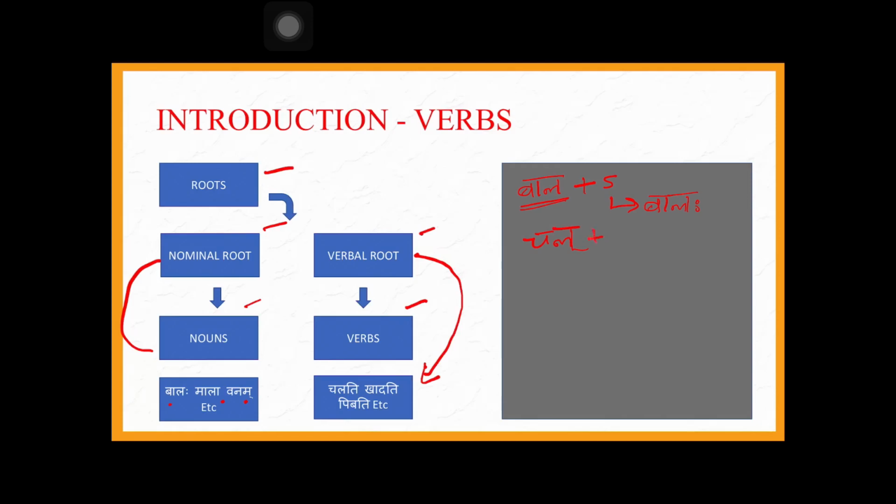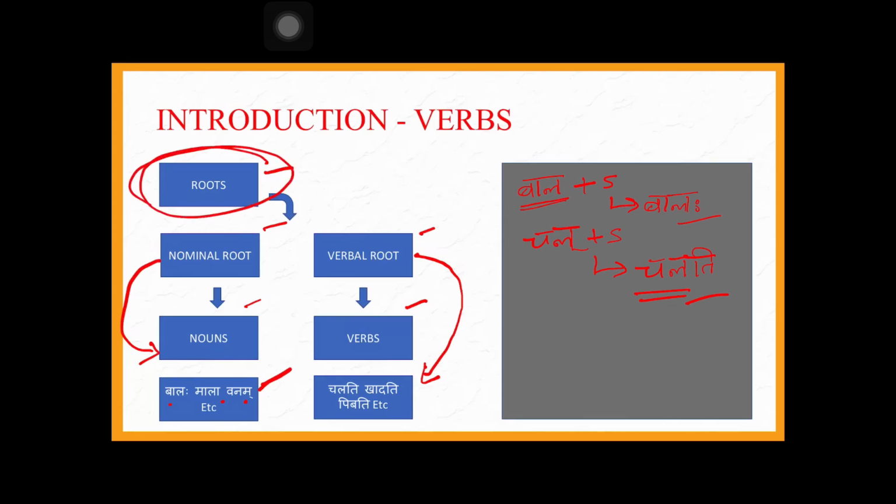When you add some other suffix to this verb, then the verb chalati will happen. This is how a word and a verb will be generated. So verbal roots will help to create verbs, nominal roots will help to create nouns, but both of them have the same origin, roots.